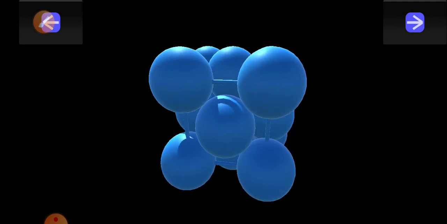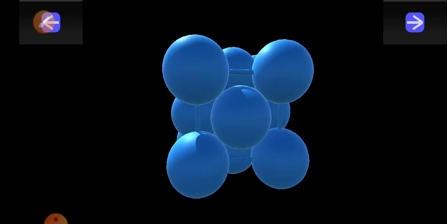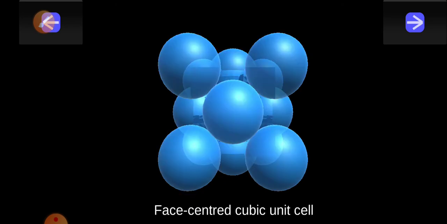Now what will happen if the 6 face-centered atoms contribute half and the corner atoms contribute 1 by 8? That is what we get.